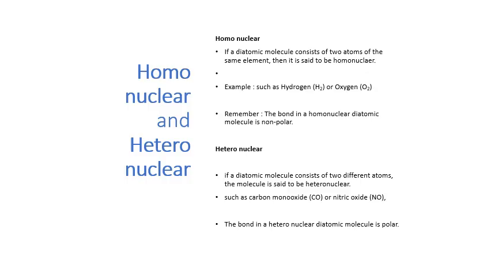Another category is also there, that is heteronuclear. If a diatomic molecule consists of two different atoms, the molecule is said to be heteronuclear, such as carbon monoxide or nitric oxide.